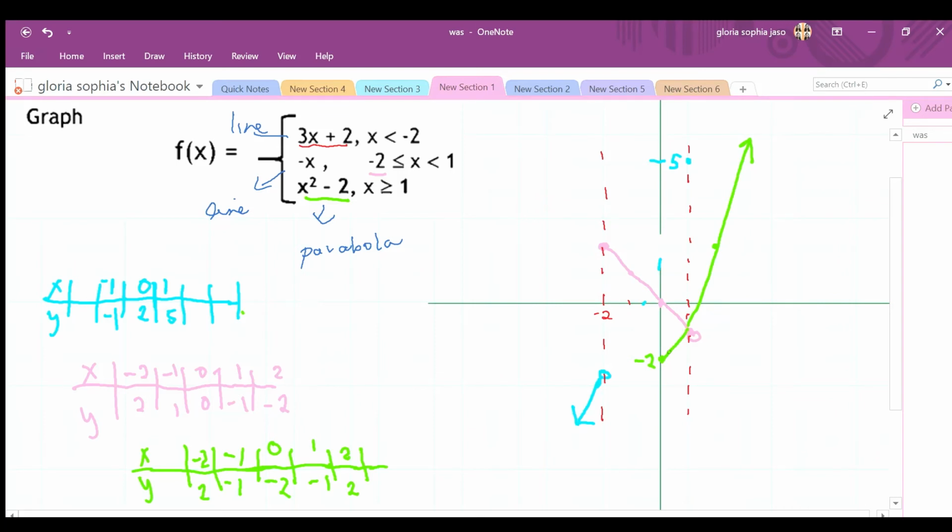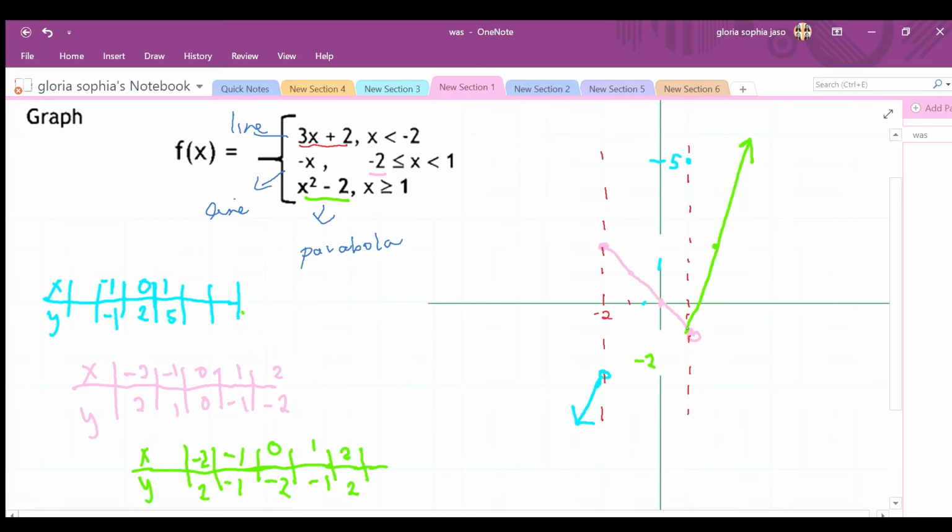Okay, so tanggalin natin yung excess dito sa part na to. Okay, so dito sa part na to, class, yung endpoint natin, determine natin kung kasama ba siya or hindi. So, dito, greater than or equal to 1.